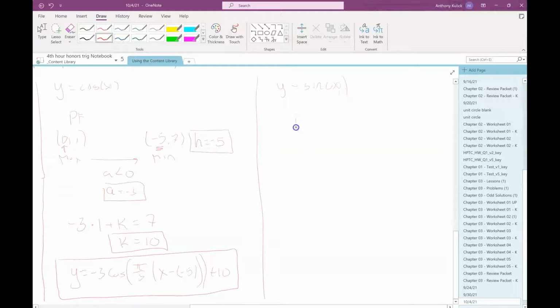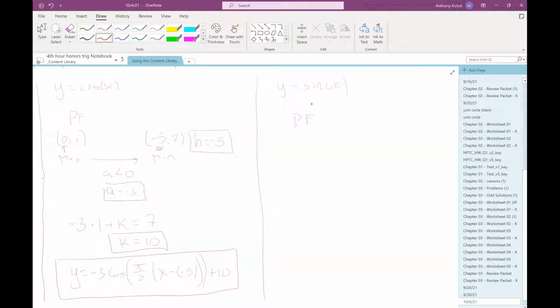So normally for sine, we want to use the point 0, 0, right? That's what our preference would be. However, 0, 0 isn't an extreme point, it's a midline point. So we can't use it in this problem. We have to pick an extreme point from my key points for sine.